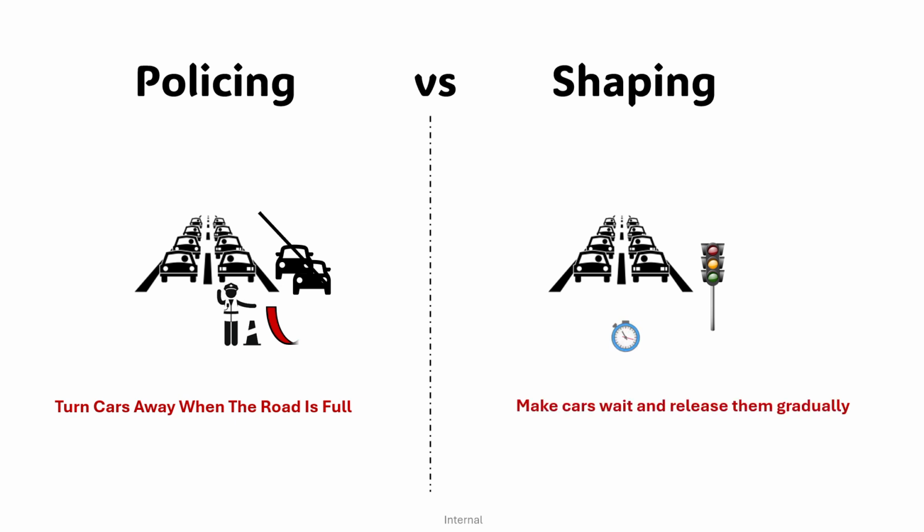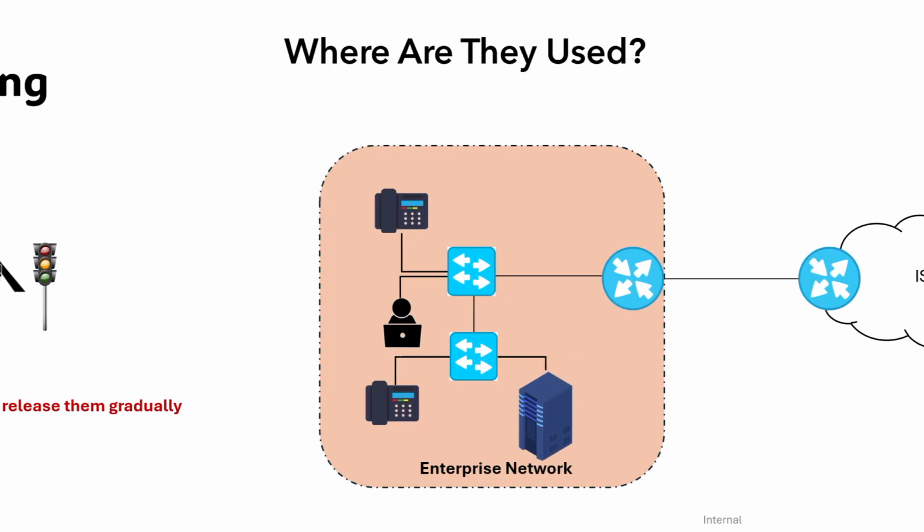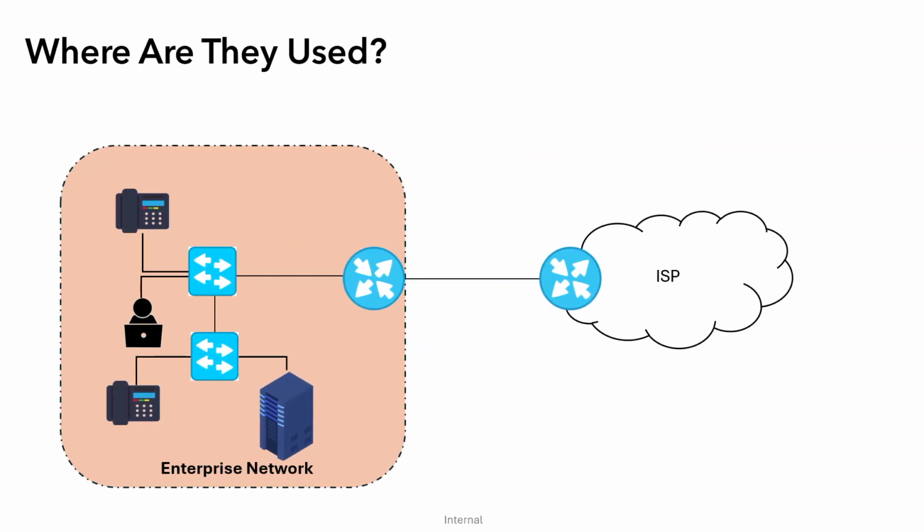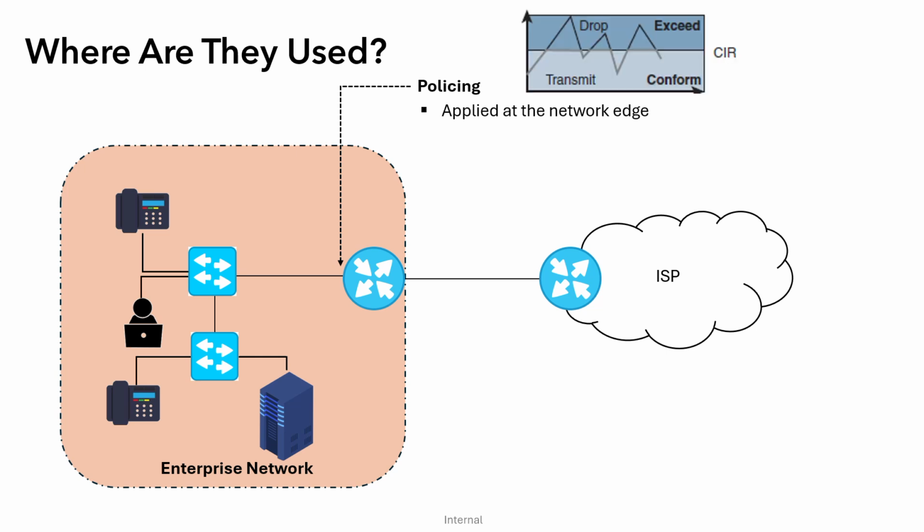Now let's move from concept to real deployment. Now let's see where we use them in our networks. Traffic policing is applied at the network edge on incoming traffic. If the traffic exceeds the rate, it is dropped before entering the network.